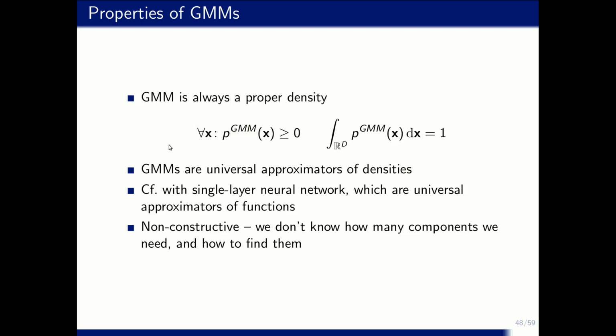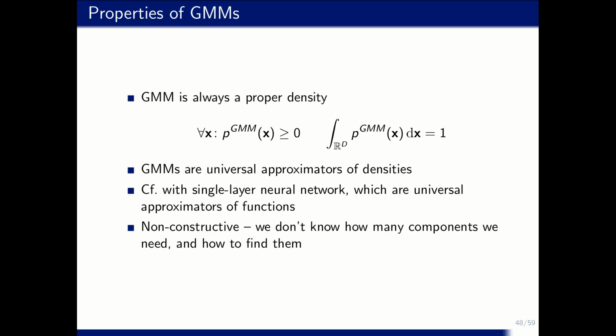And a useful property of Gaussian mixture models is that they are universal approximators of densities. So if you have a target density, a density you want to learn, and you're using a Gaussian mixture model, in principle you can approximate any density arbitrarily well. This does not hold for single Gaussians, because single Gaussians have only one blob of probability, and Gaussian mixture models can essentially approximate anything.